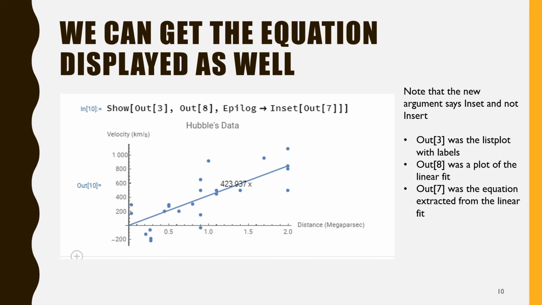Out 8 was the linear fit with no constant. And the Epilogue is something that we're adding to this, and we are insetting, putting somewhere in there, out 7, the equation that we extracted from the linear model. Note that that says Inset and not insert. A lot of people want to turn it into insert, but it is Inset.